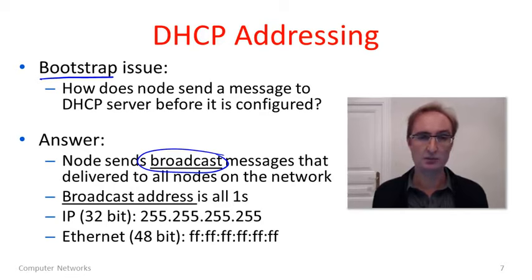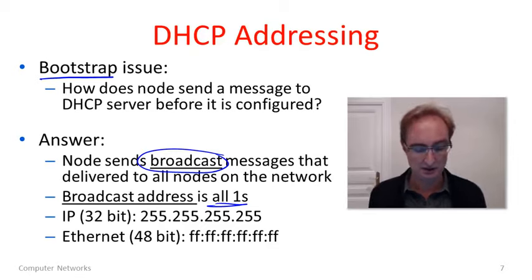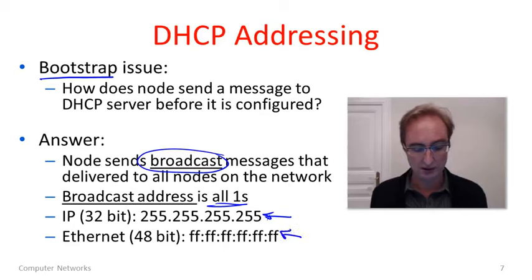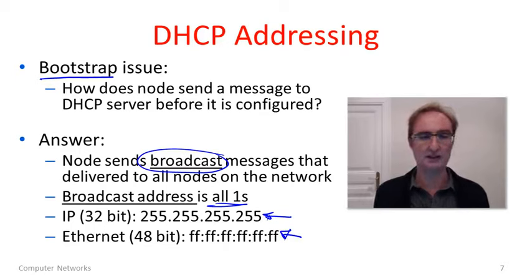The way you send a broadcast is it uses a special destination address. By convention, the broadcast address is made up here of all ones. So for IPv4, which uses 32-bit addresses, when you write down the all ones and express that in the dotted quad notation here, you see that's going to come out to 255.255.255.255. When we write all ones in a different format, the format of an Ethernet address that's 48 bits, it looks something like this.